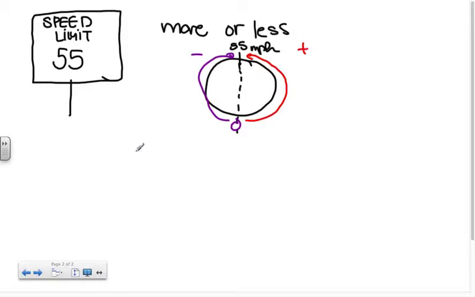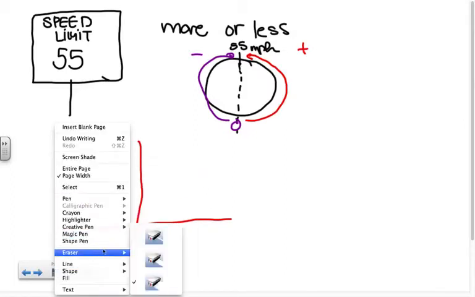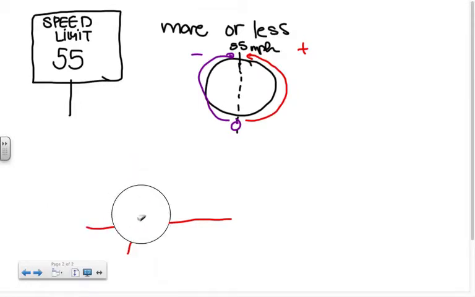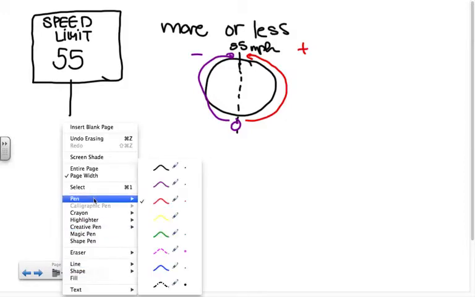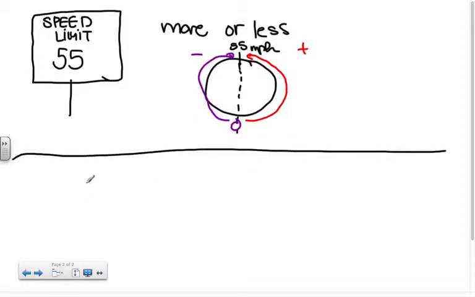Okay? Oops. Let's erase that. So here's our function. Here's the graph of f of x.